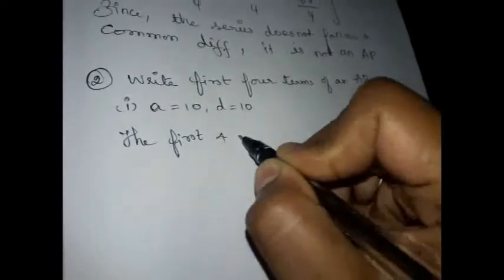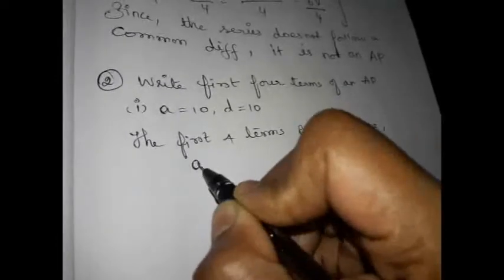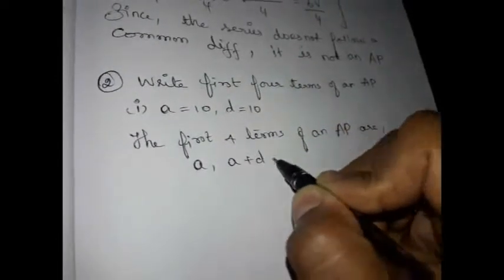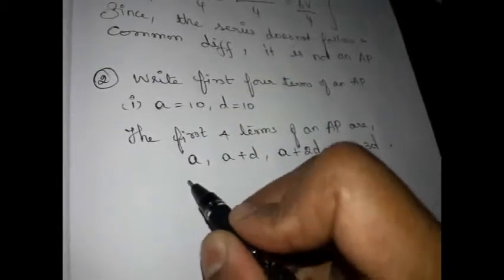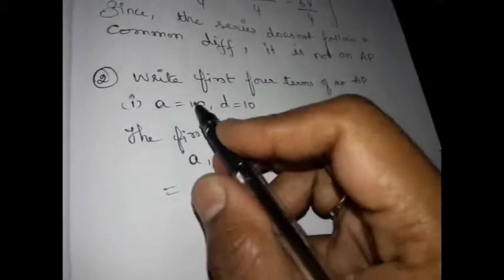So the first 4 terms of an AP, how can you write? The first 4 terms of an AP are A, A plus D, A plus 2D, A plus 3D. These are the 4 terms. Just substitute here. The first term is 10, common difference is also 10.